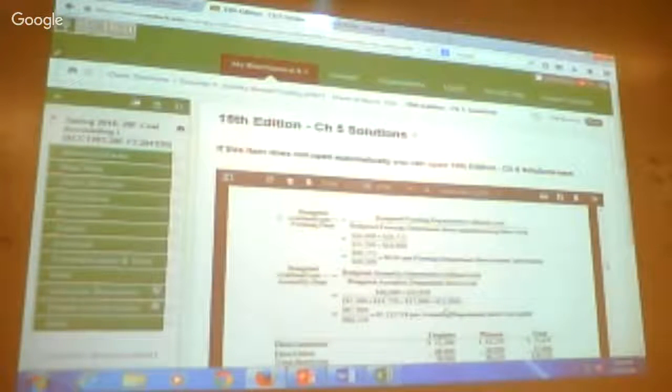Does everybody understand that? Overhead costs are in the top. What it's based on is on the bottom. So in part B, for the forming department, it's based on the manufacturing labor costs. And for the assembly department, it's based on direct costs.